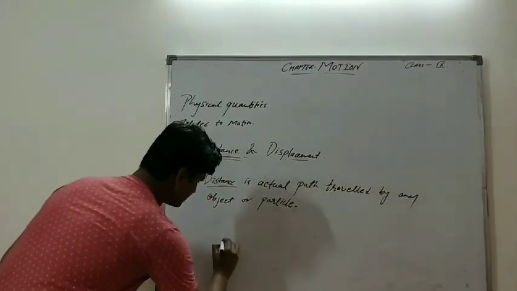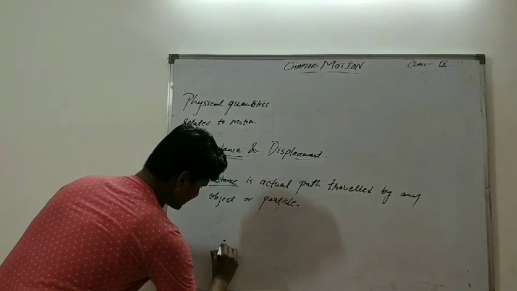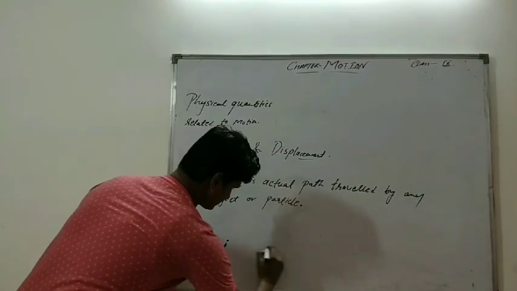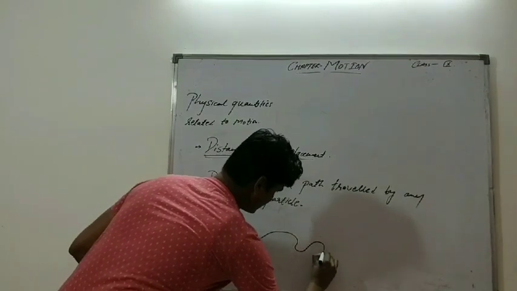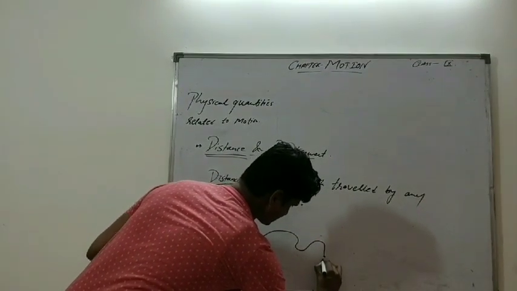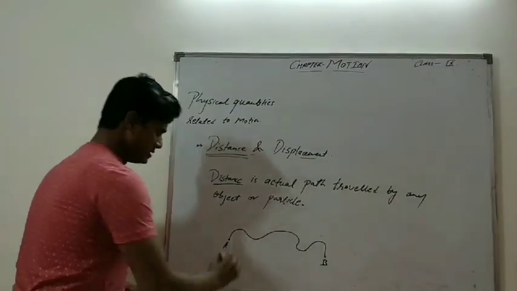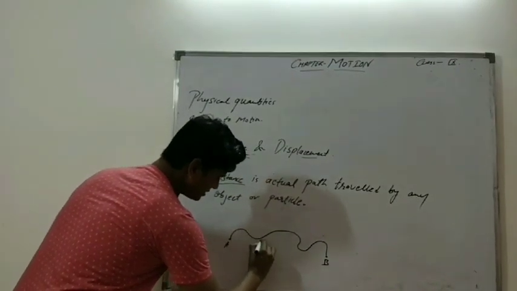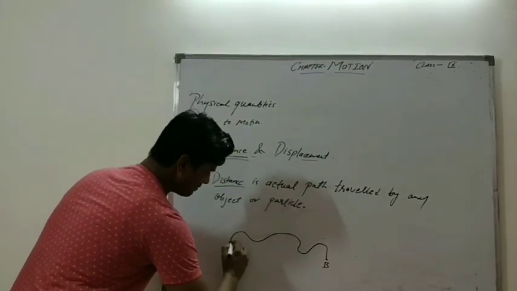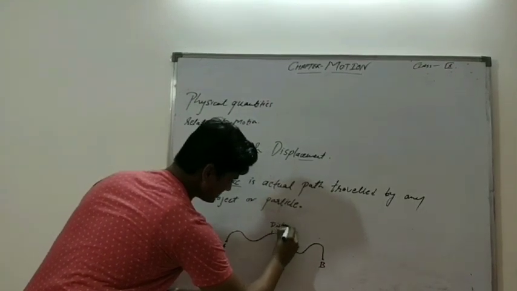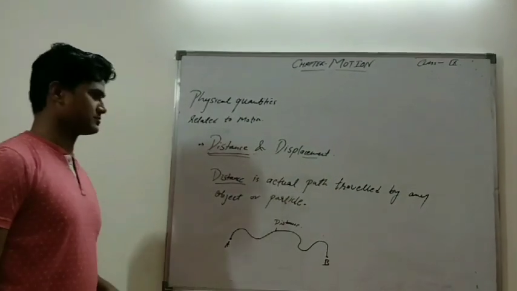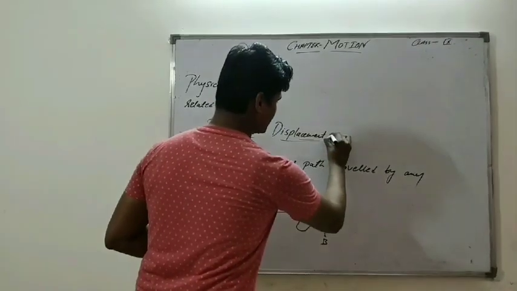We can understand it by an object at position A traveling a distance and reaching point B. The path traveled, or the total path traveled by the object, is known as distance.